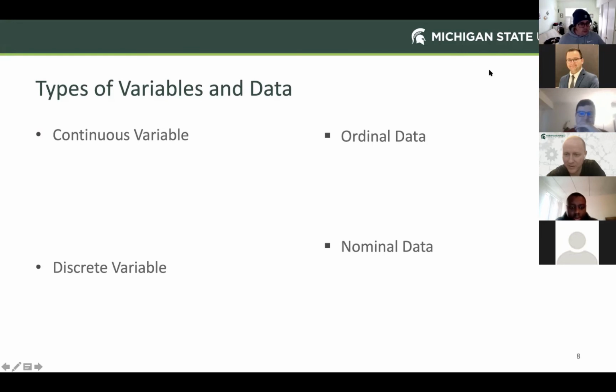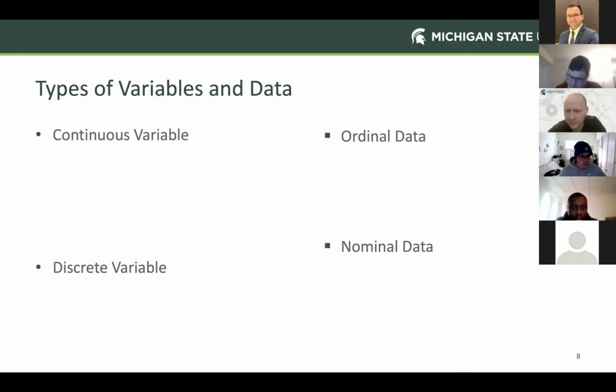Okay, I see a number of hands and or thumbs going up there. And then how many of you are familiar with differences between ordinal and nominal data? Okay, thanks. I was trying to get a general sense of what our a priori knowledge is here.